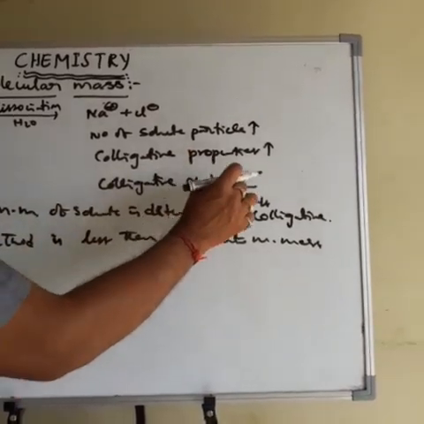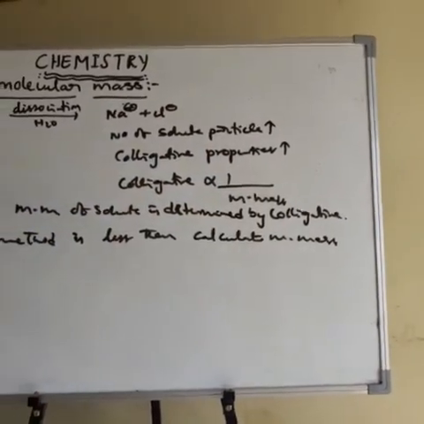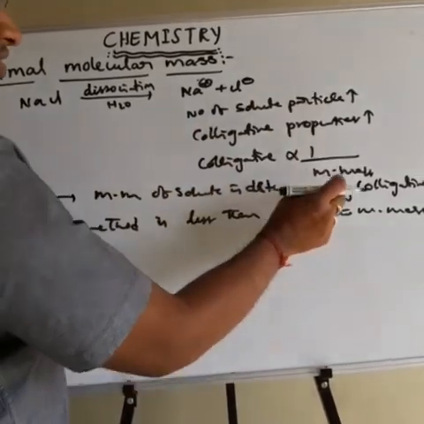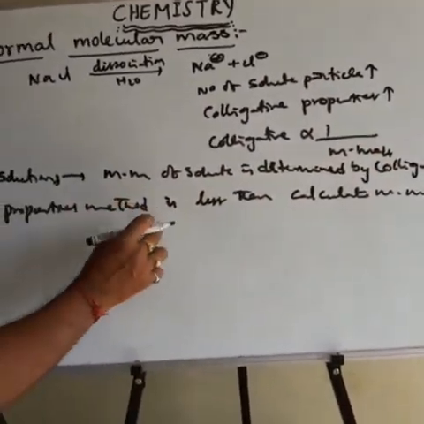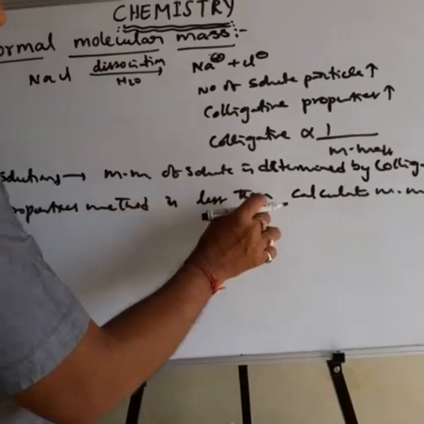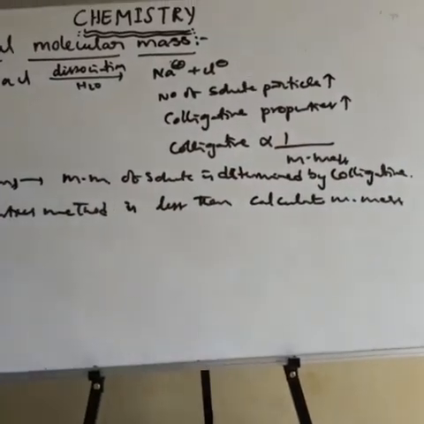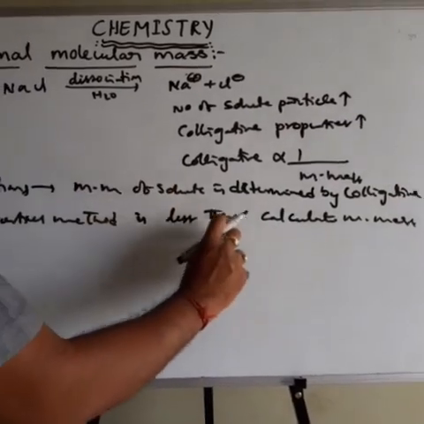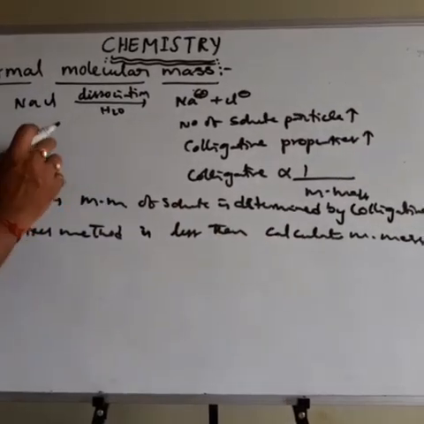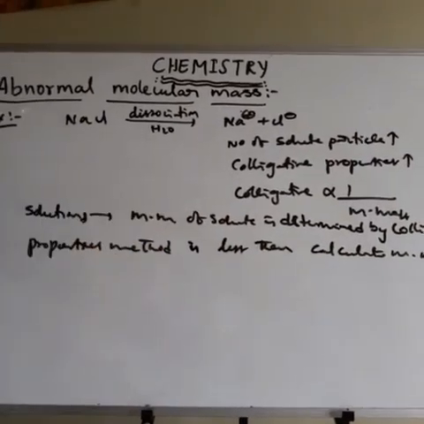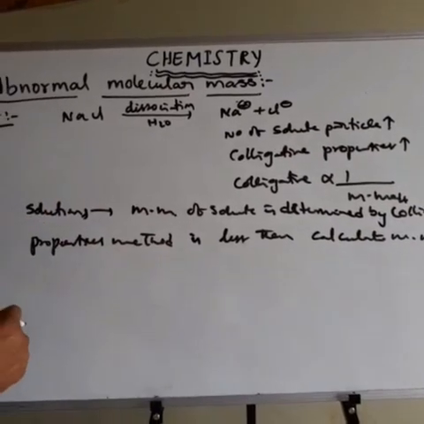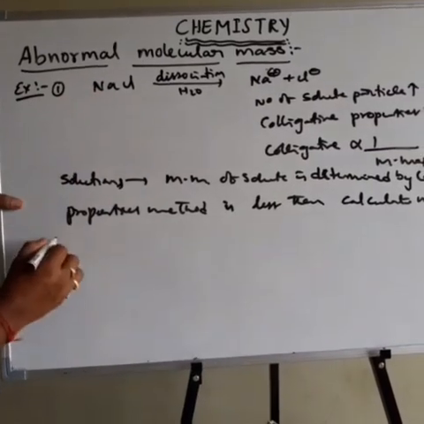Colligative property is inversely proportional to the molecular mass, so for such a solution the molecular mass determined by the colligative property method is lesser than the calculated molecular mass. The experimental molecular mass is lesser than the calculated molecular mass for this type of solution. That is called abnormal molecular mass.